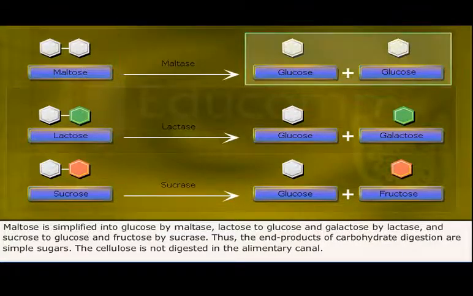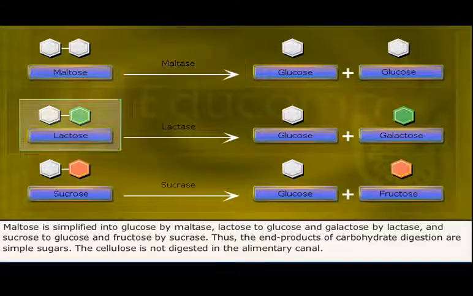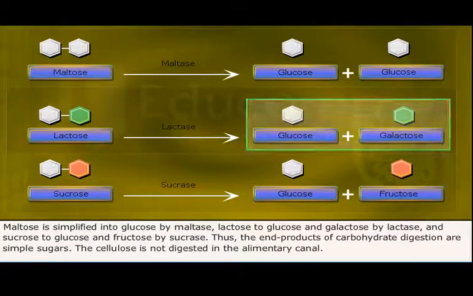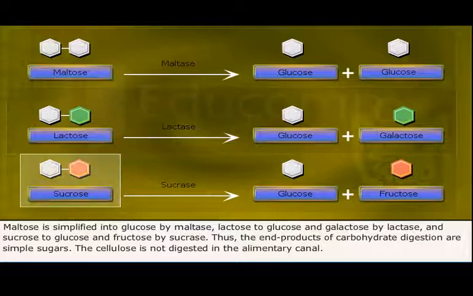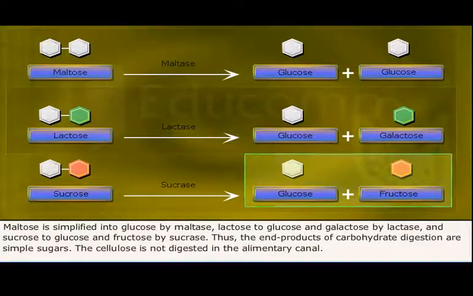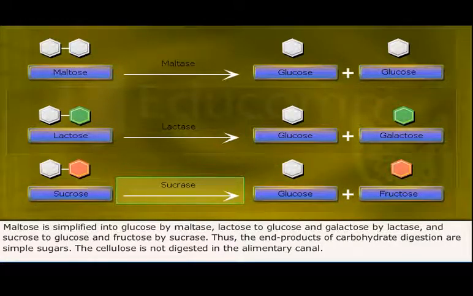Maltose is simplified to glucose by maltase, lactose to glucose and galactose by lactase, and sucrose to glucose and fructose by sucrase. Thus, the end products of carbohydrate digestion are simple sugars. The cellulose is not digested in the alimentary canal.